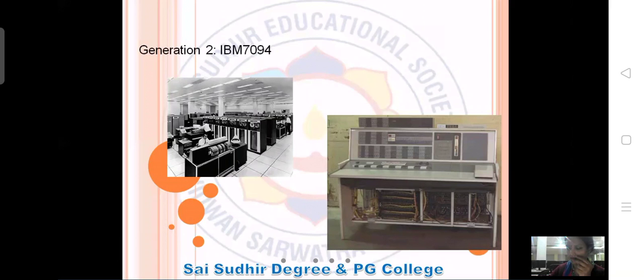Instead of punch tapes or whatever input they used in the first generation, the second generation also uses punch cards. In the first generation input and output were both punched cards, but in the second generation input is punched cards, while output we can get on paper, so that it is more readable for the users.